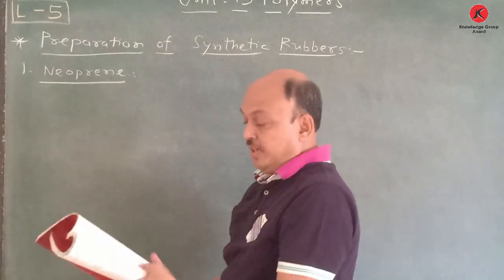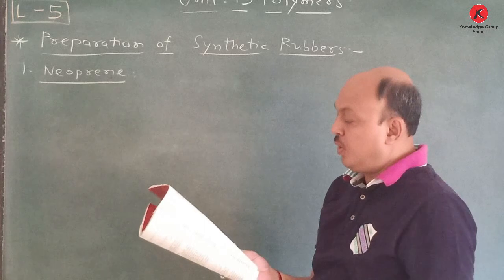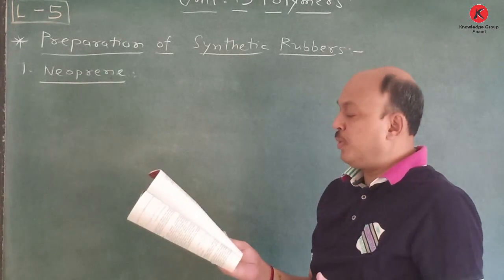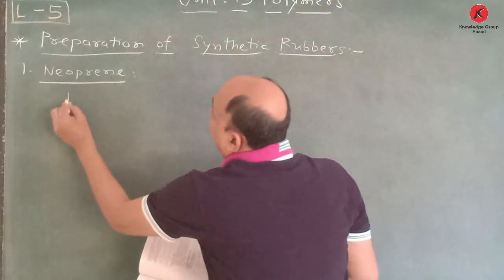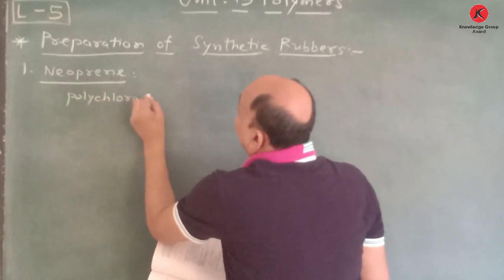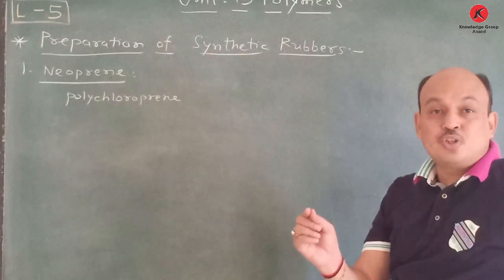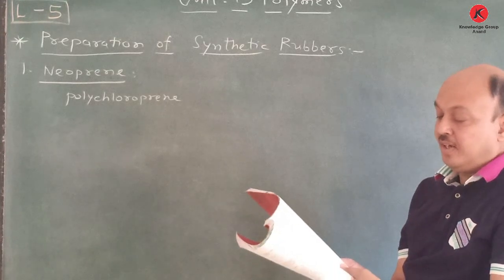Okay, now preparation of synthetic rubbers. First is neoprene. Neoprene, another name is polychloroprene. If you write Cl, then it is considered as chloroprene.